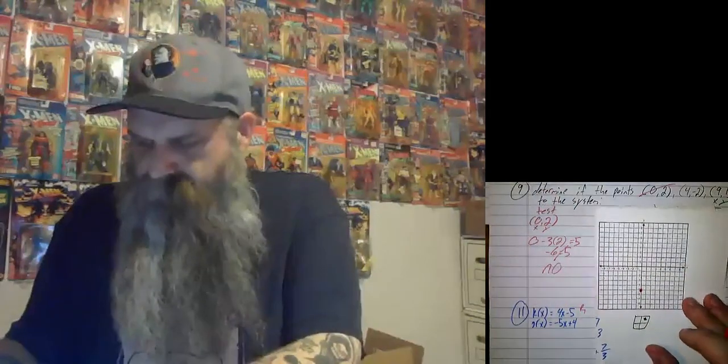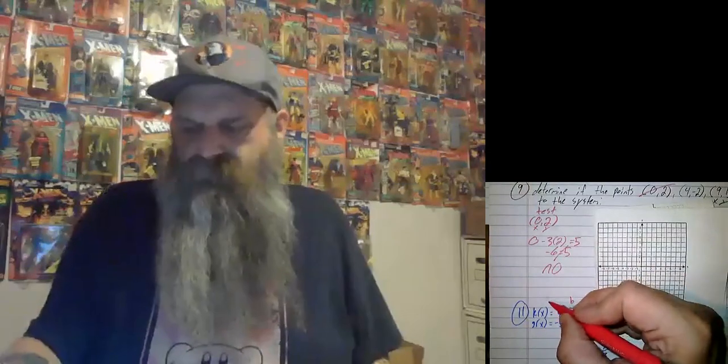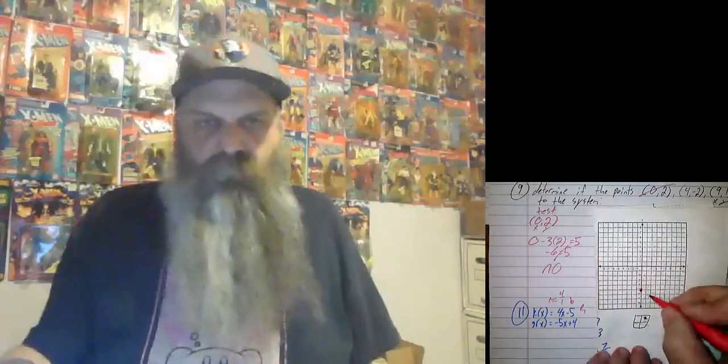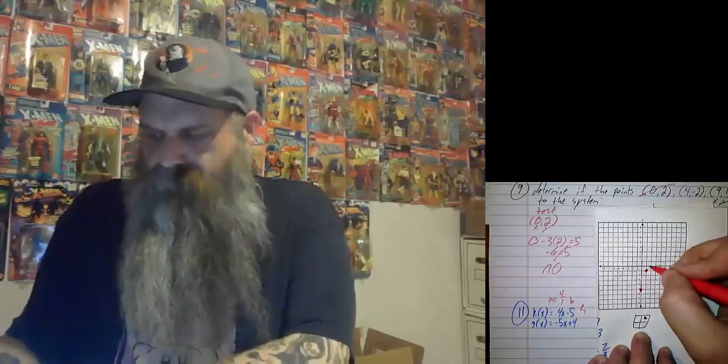So we start at the y-intercept, -5. So that's our b. And we have a slope of 4, which is the same as 4/1. So from this red dot at -5, I'm going to go up 4 and over 1.